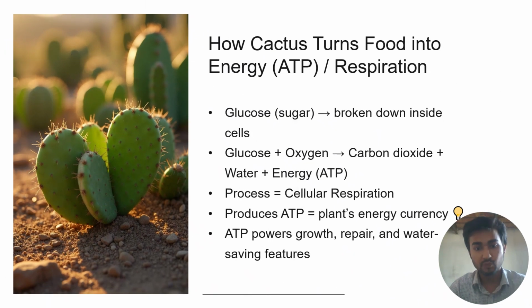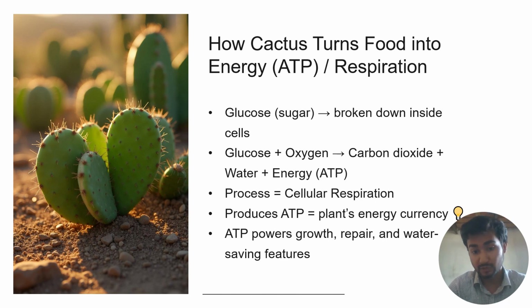Now we're going to get into respiration: how cactus turn their glucose, their food, into energy, ATP. They convert the glucose that they have, and it gets broken down inside their cells into ATP. They take in glucose and oxygen and produce carbon dioxide. In this process, they also release water and energy, which is basically the energy that they need to survive, and this process is known as cellular respiration.